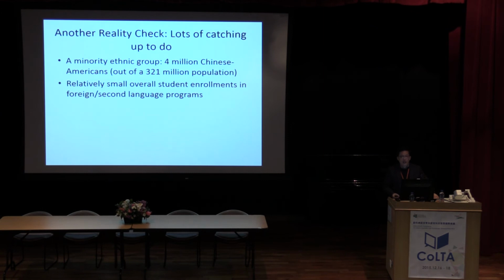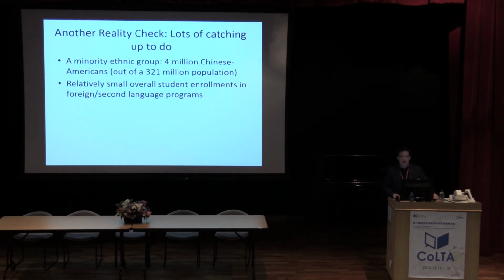But at the same time, I like to ring a cautionary note, what I call another reality check. For Chinese to become a true world language, even as a foreign language in the U.S., there's a lot of catching up to do. Why?